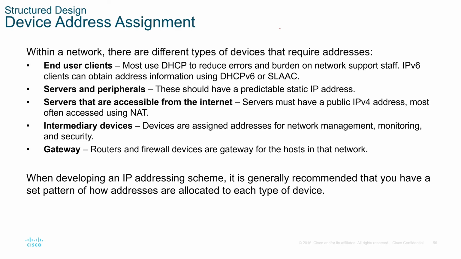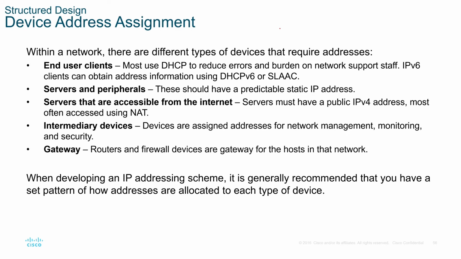And this is what we had mentioned earlier, in that once you know the block of addresses, where should these different devices be put? Servers that are accessible from the internet should have their own group of addresses, which can be NATed so that outside users can find the web server, the web page for a particular company.